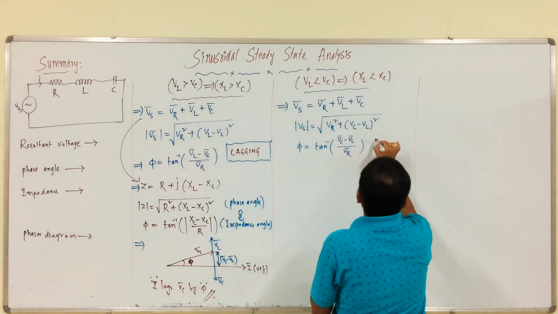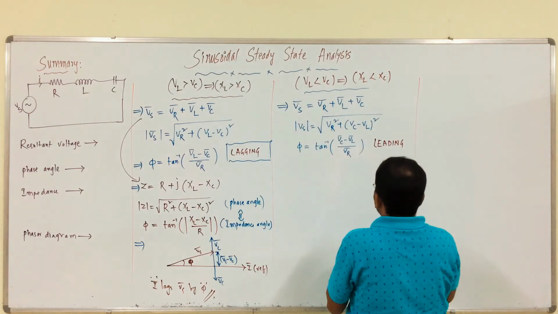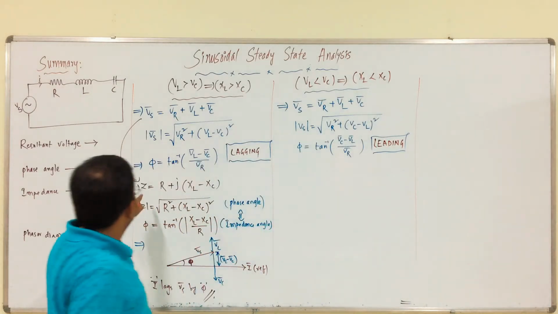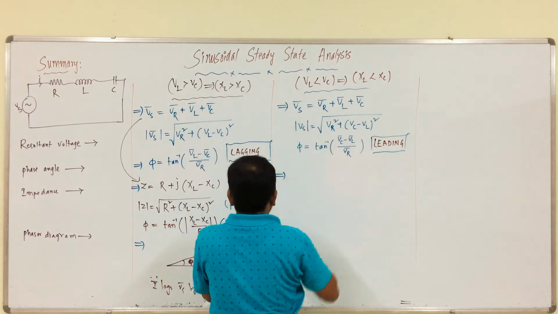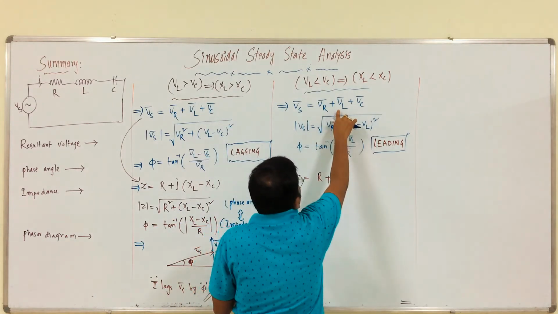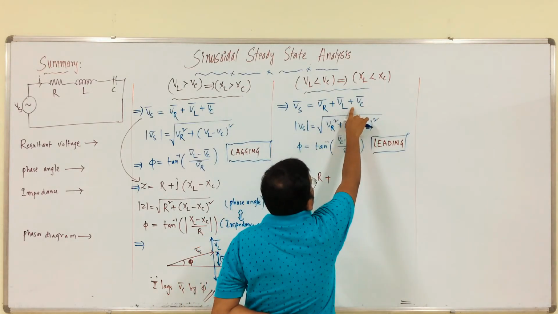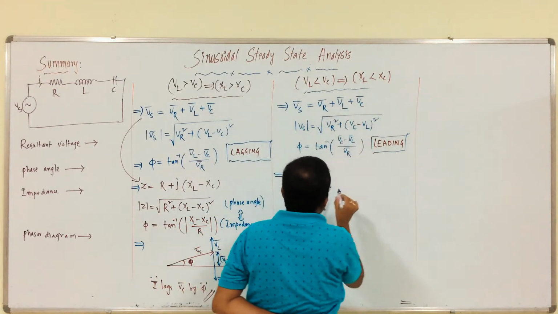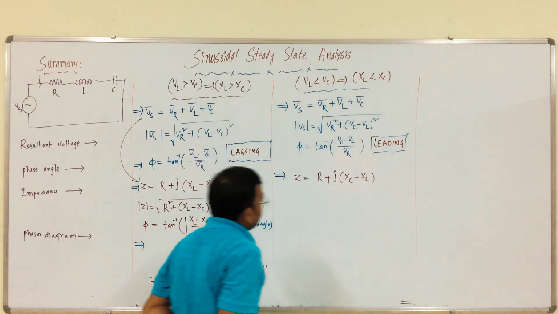This is leading, right? Then we have to write the value of impedance. From this, I gets common, Z is equal to R plus JXL minus JXC, but here XC is more, therefore J into XC minus XL.